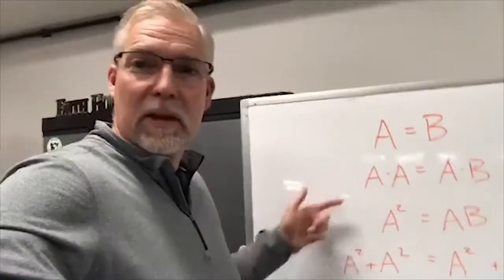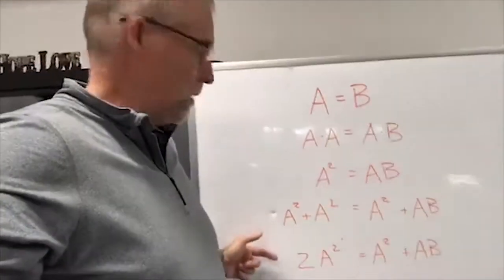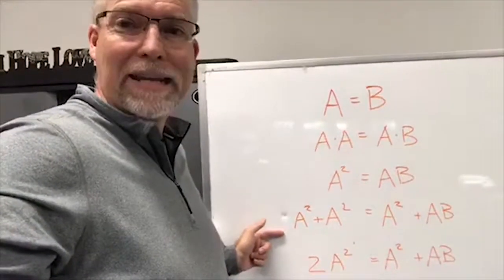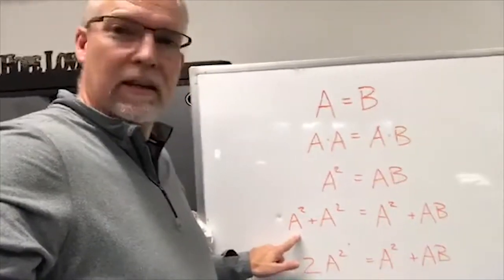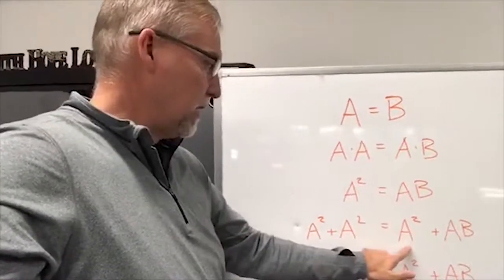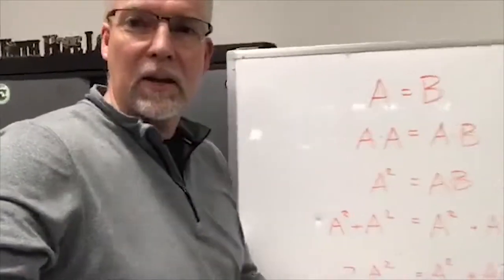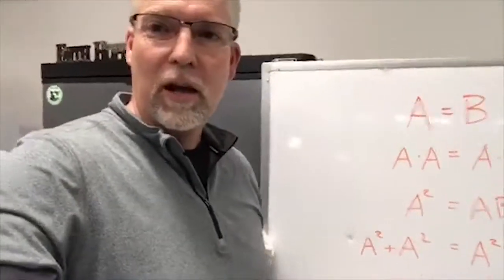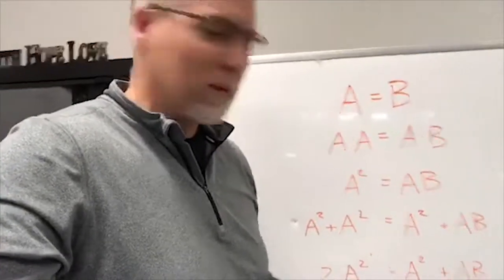The next step, in this one, we're adding A squared to both sides. So I added A squared to this side, added A squared to this side. So now A squared plus A squared equals A squared plus AB. Again, no magic going on, no trickiness. I'm not doing any smoke and mirrors.